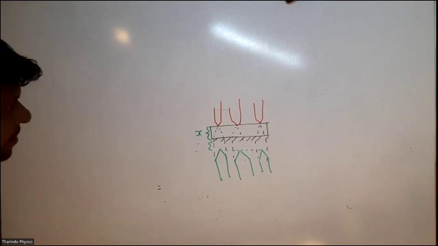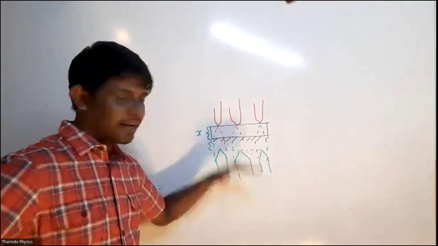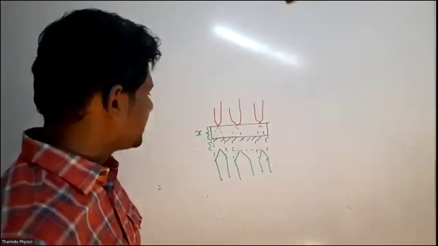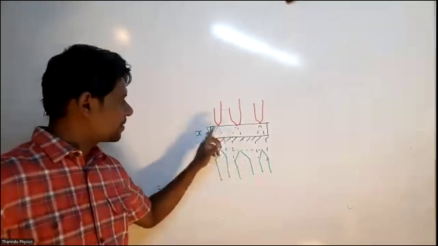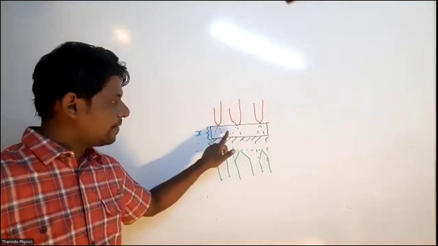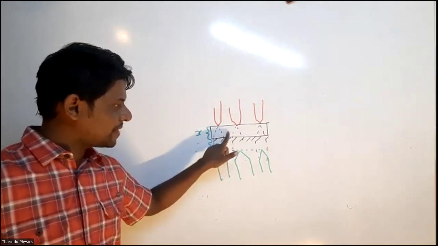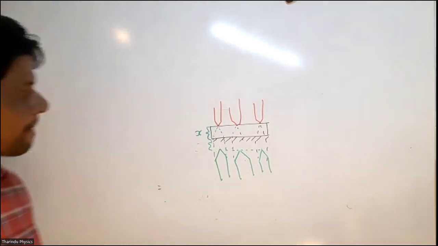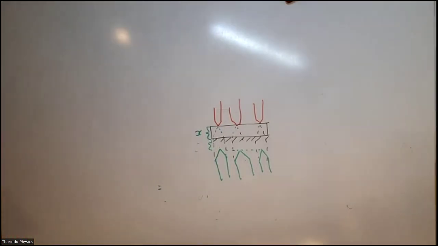Write this. Mirrors always form images at a distance of twice the thickness of the glass behind the mirror.